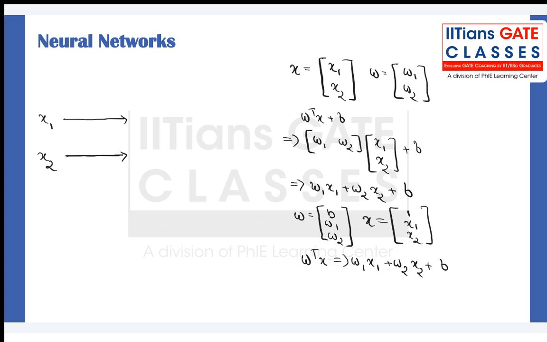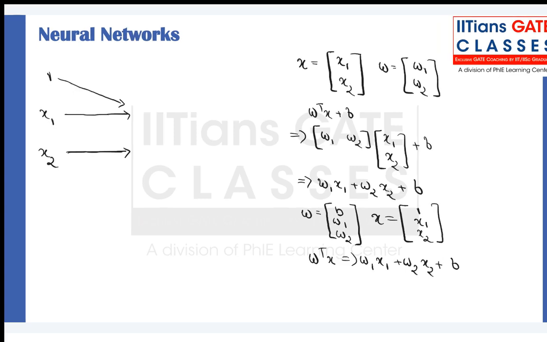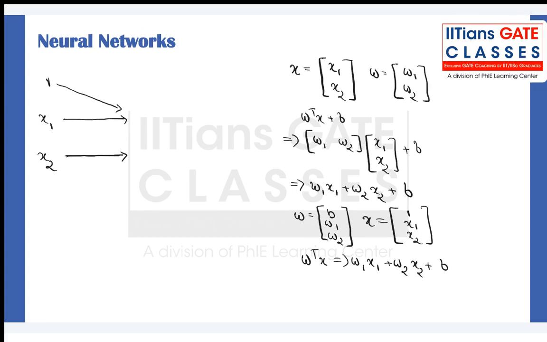Okay, let me write this a bit down. Wait a second. Sometimes it doesn't work. Very annoying. Okay, fine. So this is the scenario, and this is my circle, which I term as the soma.